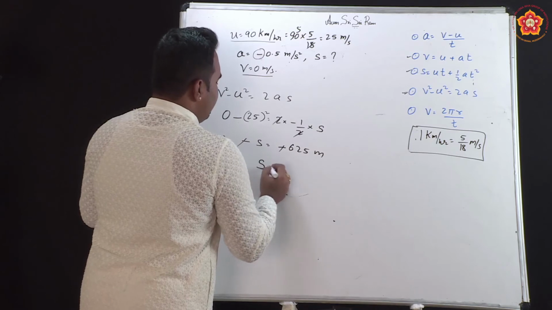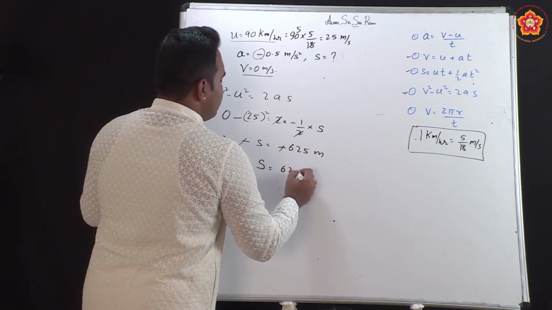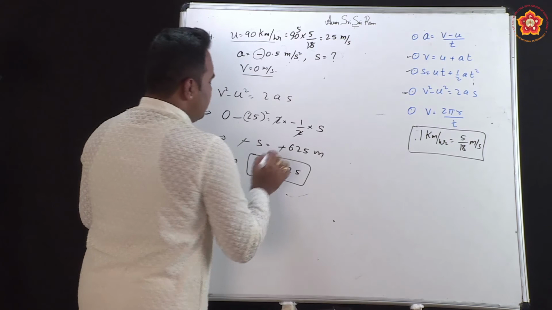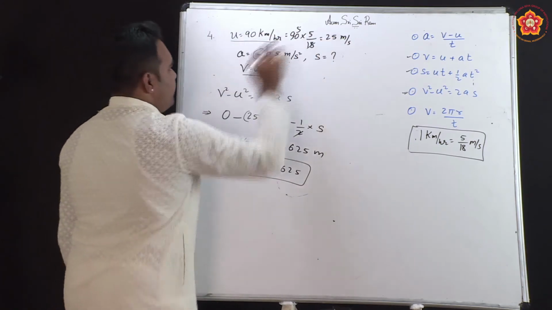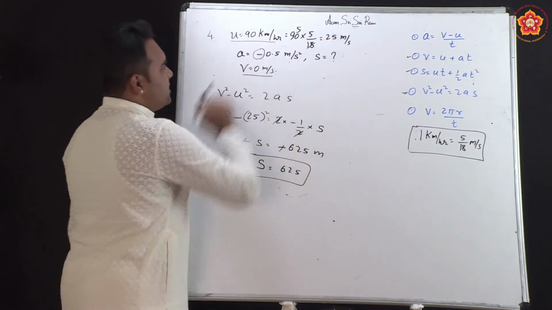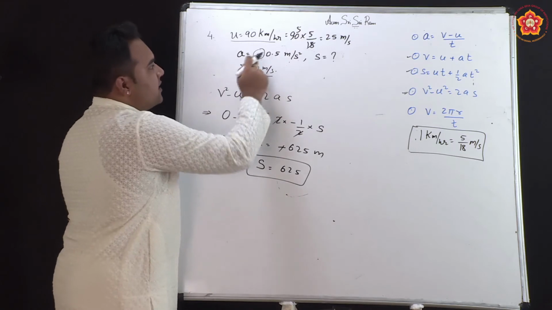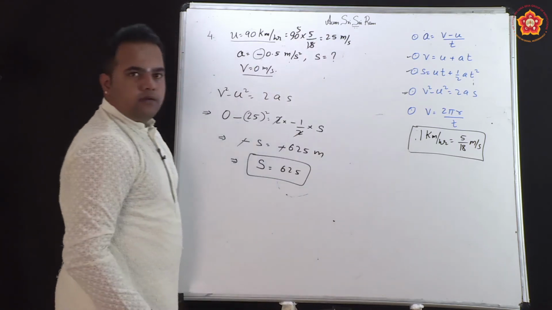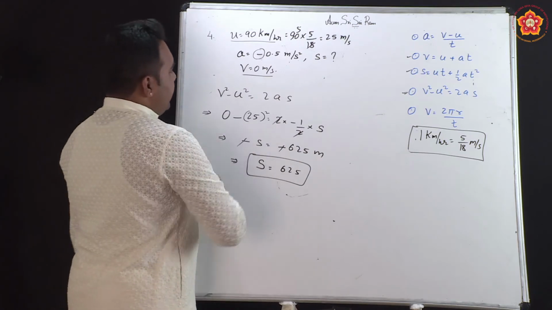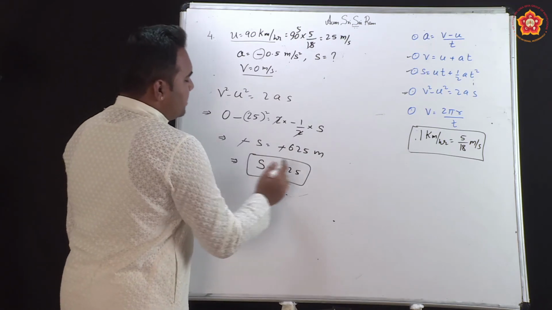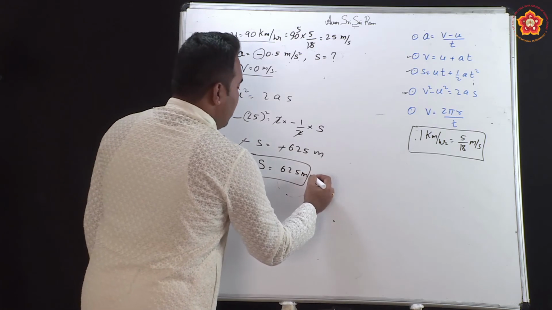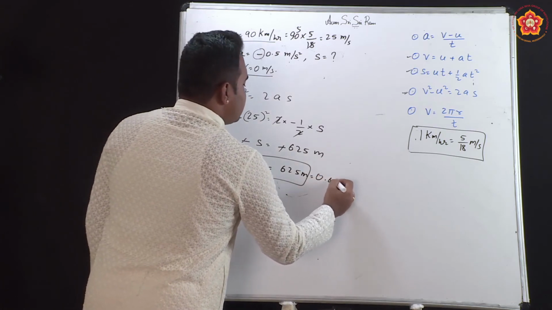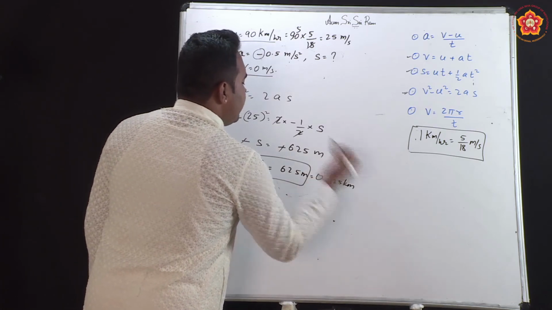So minus and minus cancel on both sides. Finally, when we calculate the distance, the body is moving initially with 25 meters per second, and the acceleration is not enhancing the movement, it is making the object reduce its speed. So finally the object will cover 625 meters, or 0.625 kilometers, before it comes to rest.